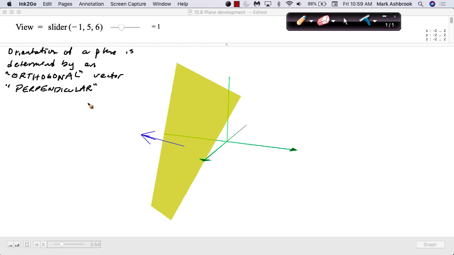So this term normal is going to have the same meaning for us as orthogonal or perpendicular. So the orientation of the plane is determined by the orthogonal vector, also known as a perpendicular vector, also known as a normal vector. So that vector is normal to the plane.